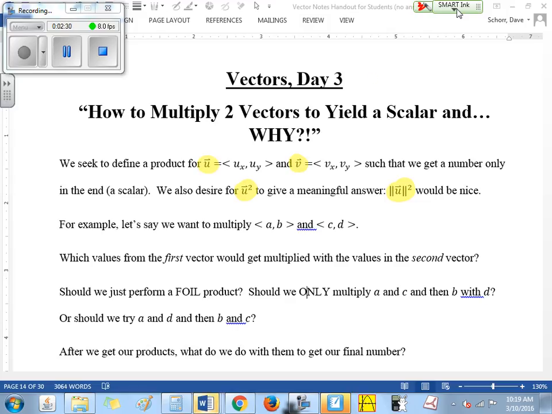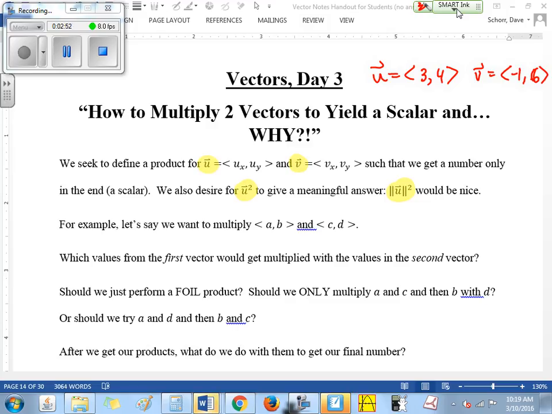So here's what I'm saying. Let's say you had the vector 3, 4, right? And you had the vector, I don't know, -1, 6. And you want to multiply these together. There are so many ways to combine the numbers with multiplication. You could do 3 times -1. You could do 4 times 6.